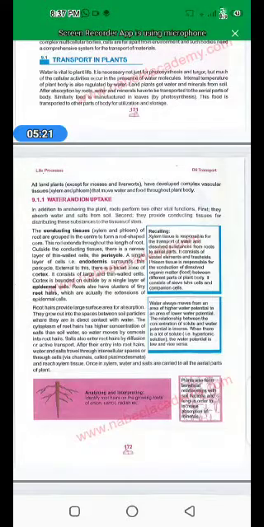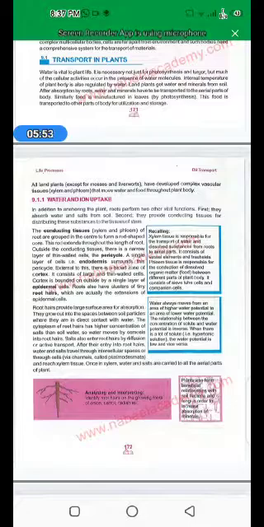Like the first paragraph: in addition to anchoring the plant, roots perform two other vital functions. So the first paragraph is the function of roots in plants. So put a question over here: what is the function or role of roots?